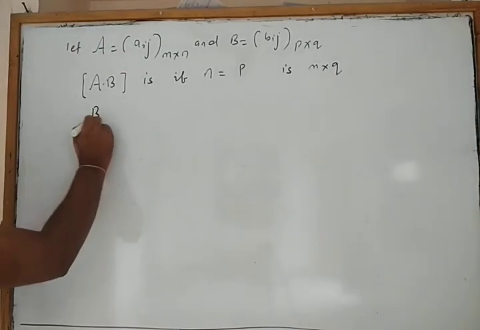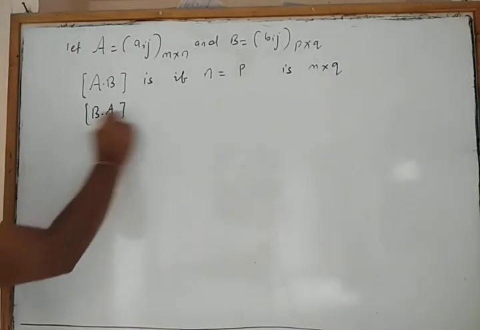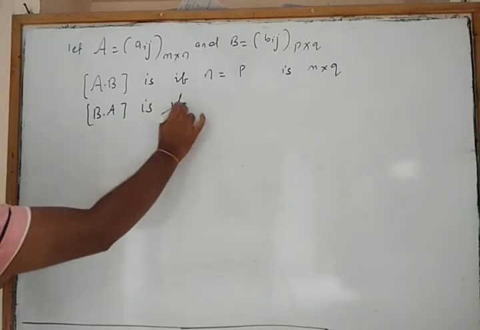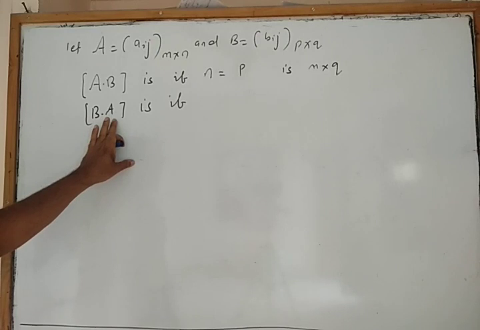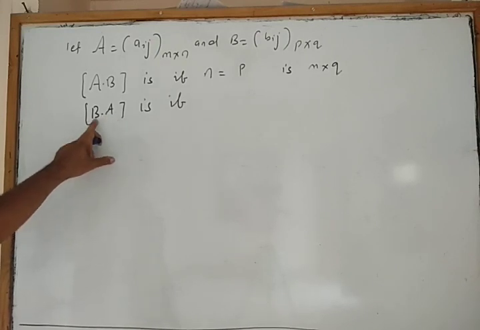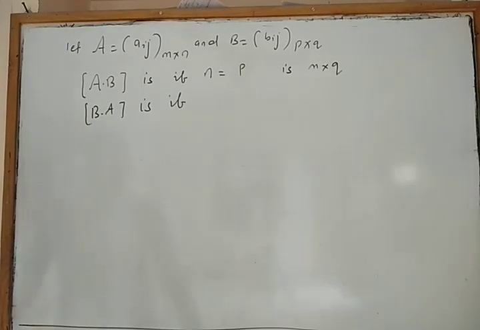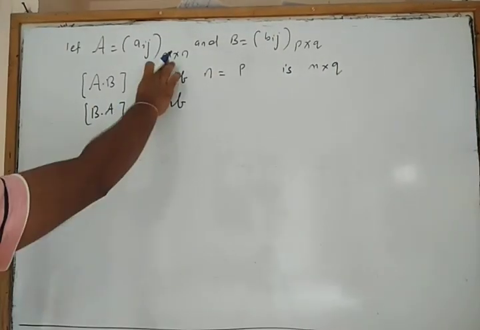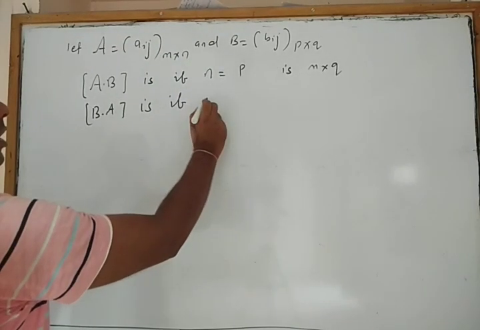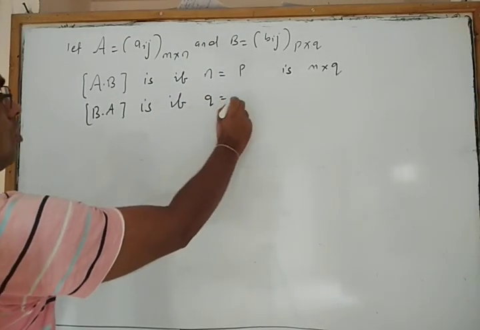Similarly, the product B into A is possible if the number of columns of B is equal to the number of rows of A. Here the number of columns of B is q and the number of rows of A is m, that is, q is equal to m.